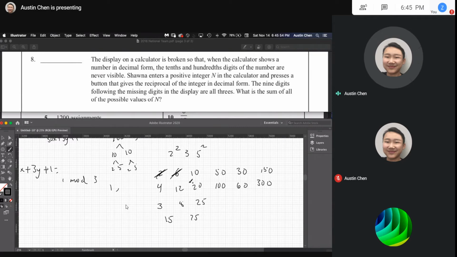So 2 won't work, 6 won't work, 12 won't work, 50 won't work. None of the ones with 3 will work. So if we noticed this earlier, we wouldn't have to list out the factors with 3. That was kind of my mistake.